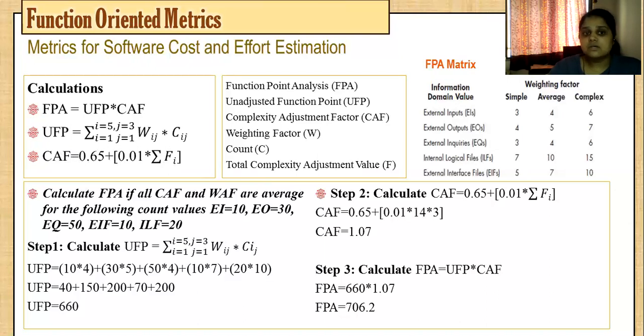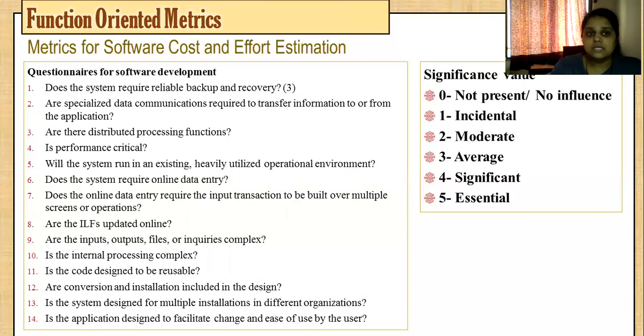So we need to have certain questions. You have to answer those questions based on a significance number. So let us come to this chart. These are the various 14 questions which are just for your reference. You can read them in the slides.